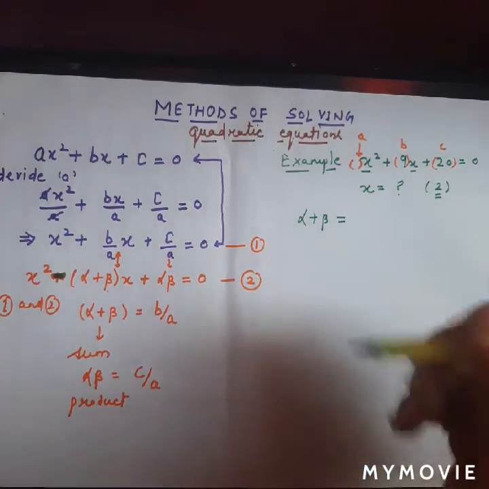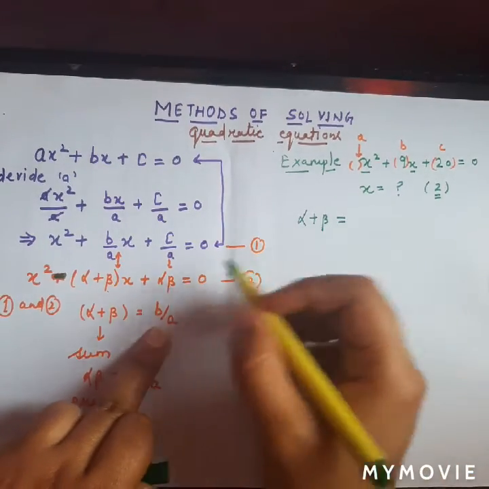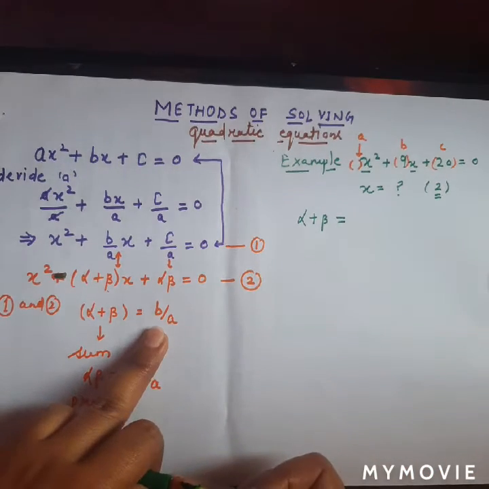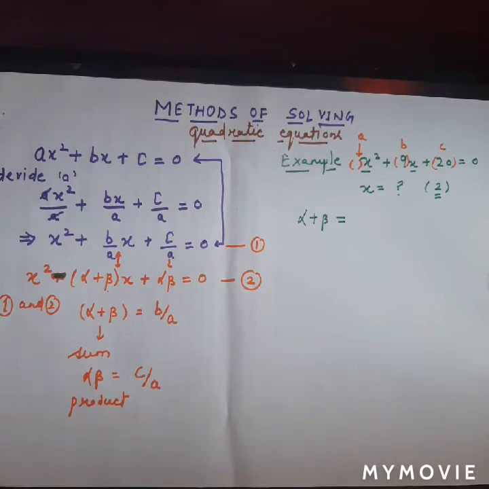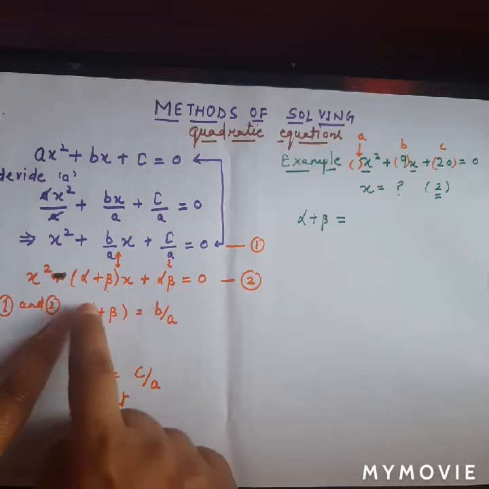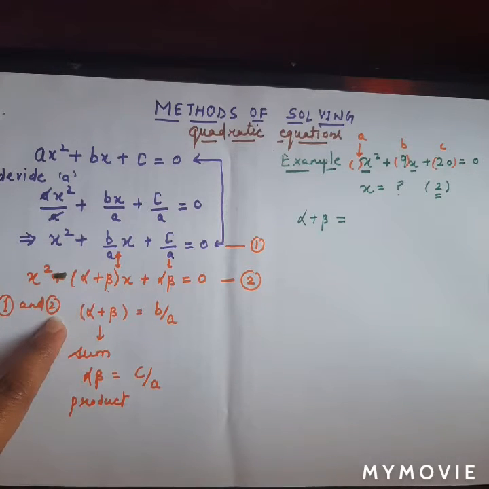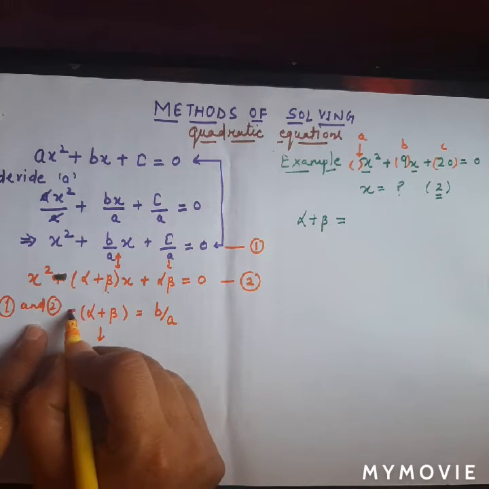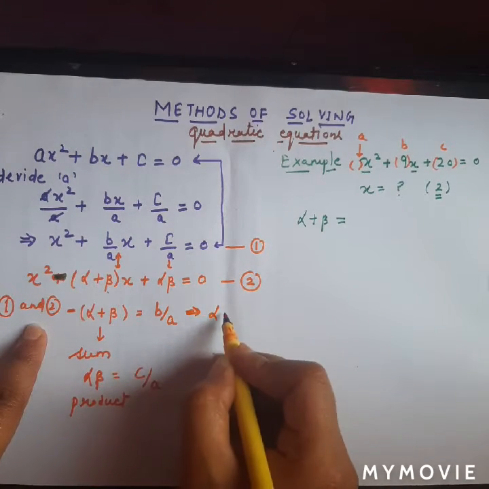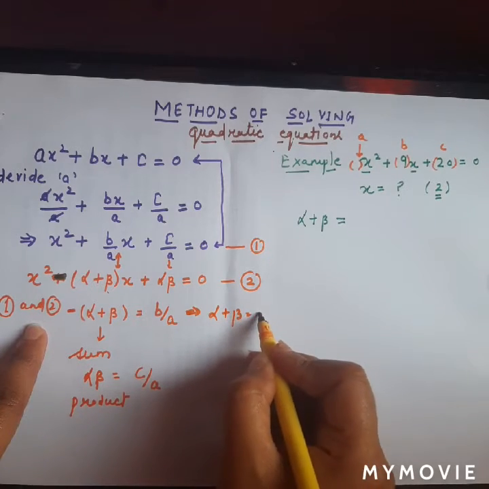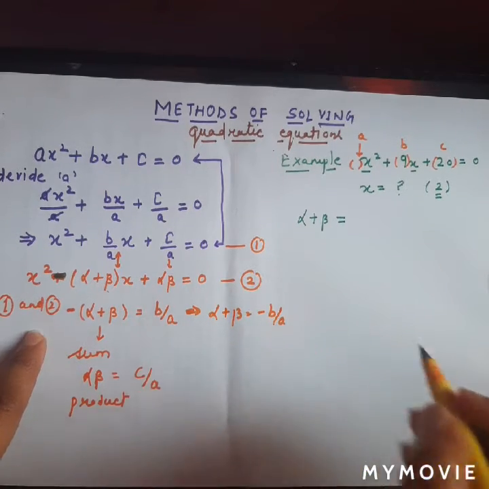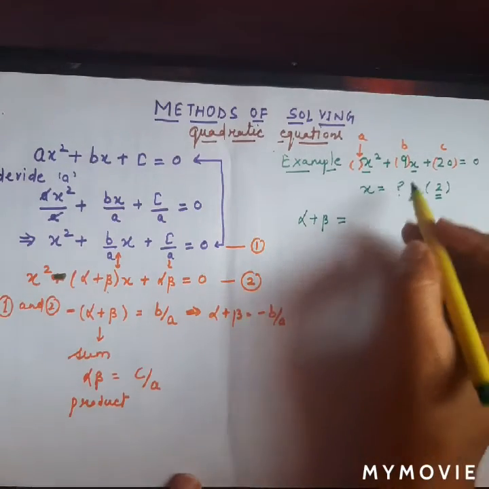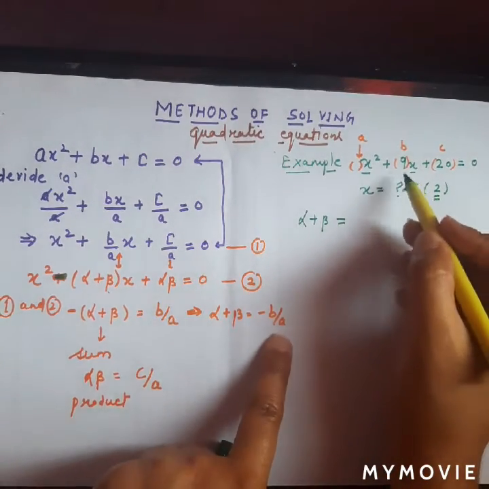So the sum of the roots alpha plus beta will be equal to b upon a, right? I think I made a mistake there. Here it was minus, we had minus over there, so the sum of the roots alpha plus beta is equal to minus b upon a, right? So alpha plus beta will be equal to minus b upon a.